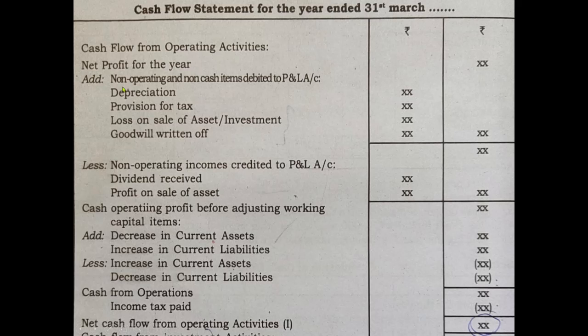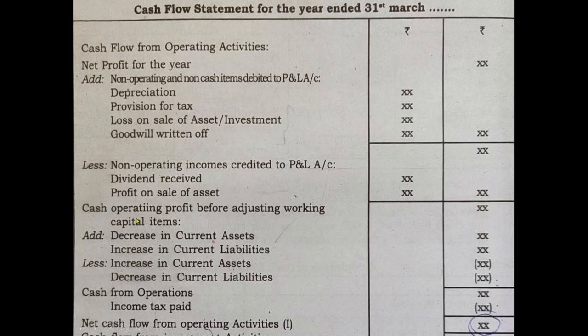Once you have added all the non-operating expenses, you need to deduct all the non-operating incomes. Non-operating incomes include dividend received, profit on sale of asset, and anything that comes under that category. So once you add back non-operating expenses and deduct non-operating income, you will get a value.